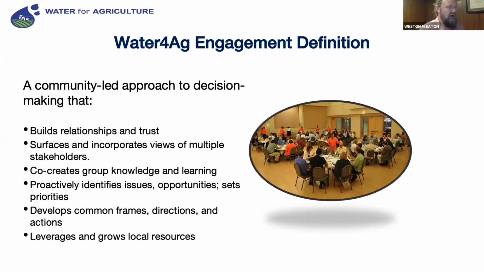For us, engagement is a community-led approach to decision making that puts forward these priorities: building relationships and trust. We want to bring to light and incorporate diverse views of multiple stakeholders. We want to co-create group knowledge and learning.